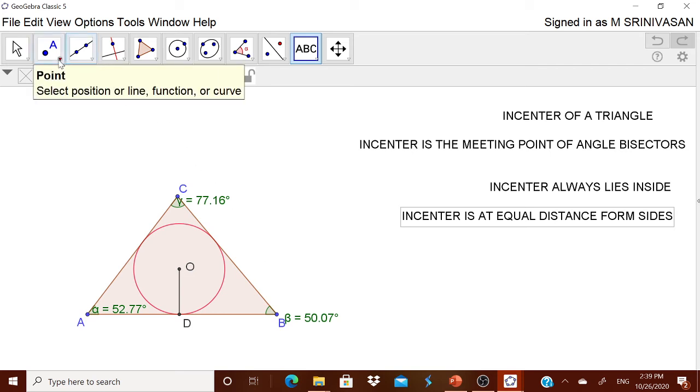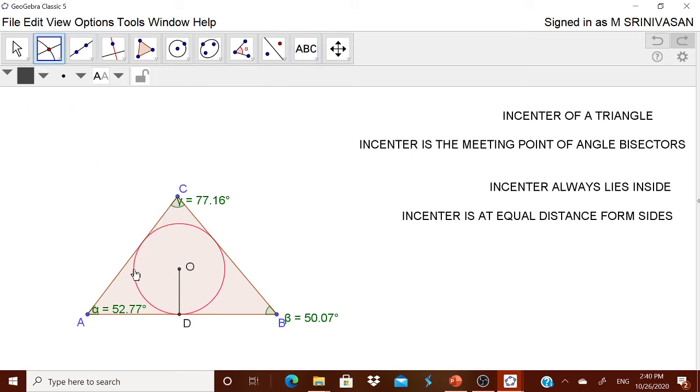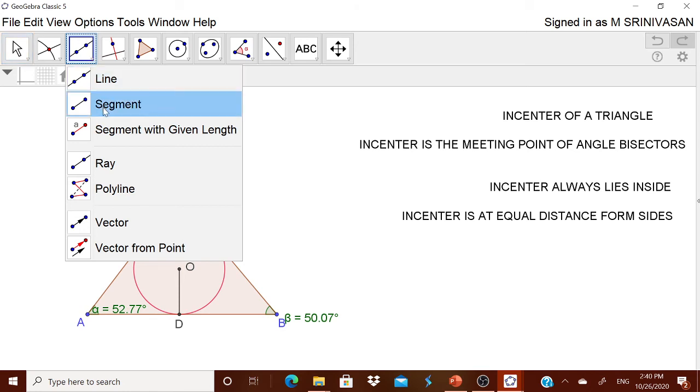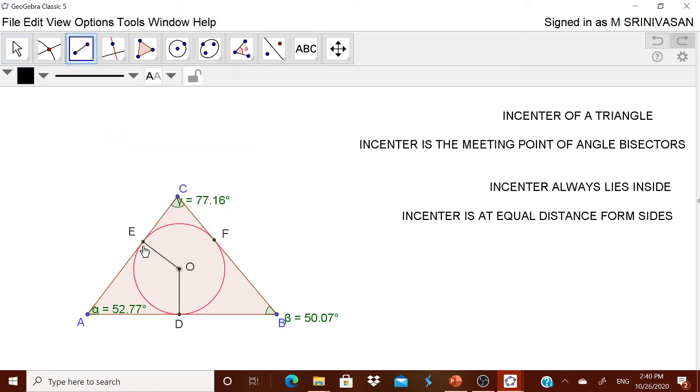For that, let us go for the point of intersection of the circle with this AC, again of this circle with BC. And you know that it touches at a single point only. Now we have to show that OD is equal to OE and equal to OF. For that, let us go for this segment. Let us draw segment OE and segment OF.